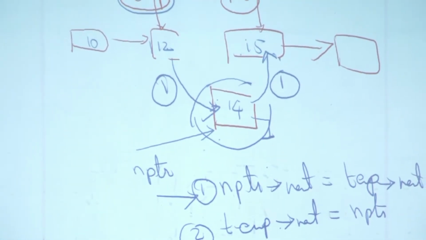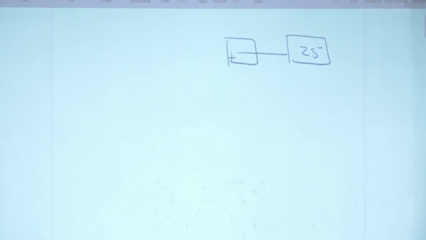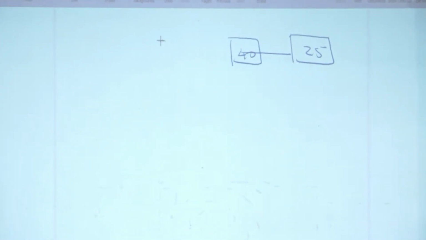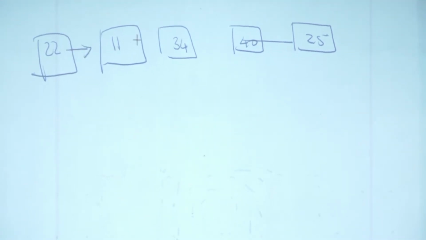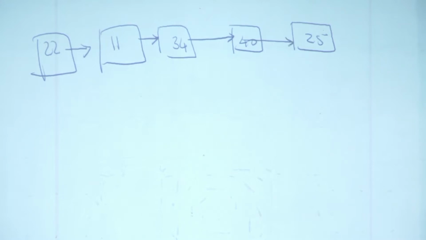So as of now, the list is 25, 40, 34, am I right? 11, 22, no? So head of the list is 22, 11, 40, 25.